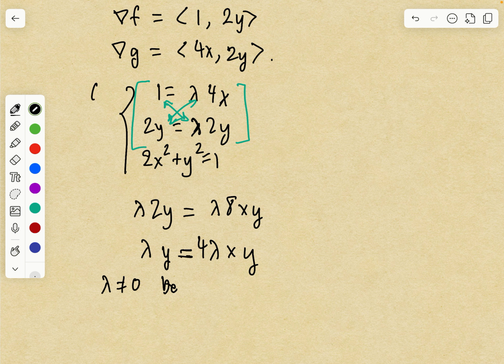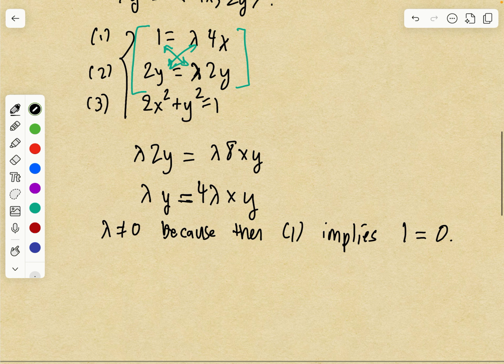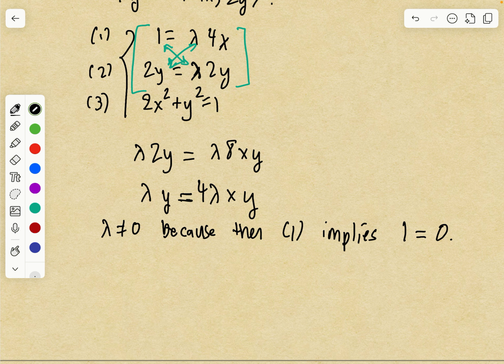So let's call this equation 1, 2, and 3. Because then 1 implies that 1 is equal to 0, which is obviously not true. So you can divide both sides by lambda, and this is an implies symbol.